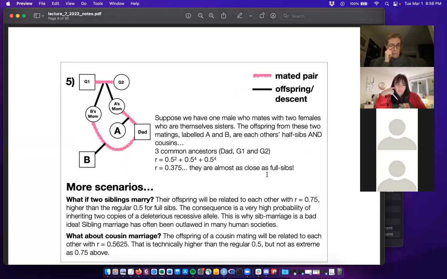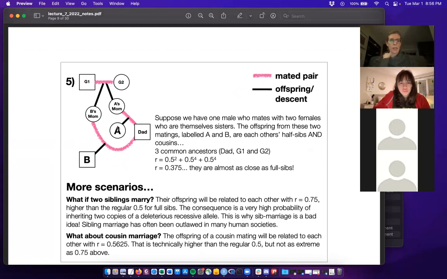So there are these 2 children, A and B, and this is unusual. I don't think you'd be able to Google the answer to this one, whereas if you Googled grandparent, grandchild relationship, things like that, you'd find the answer online.